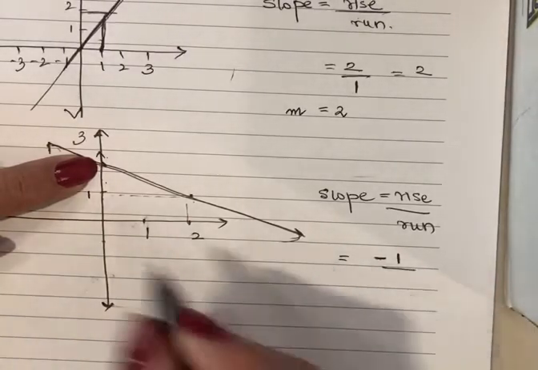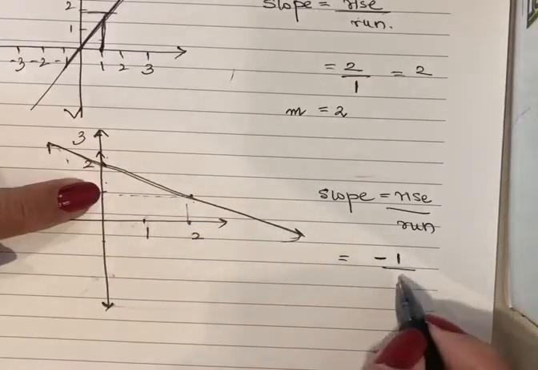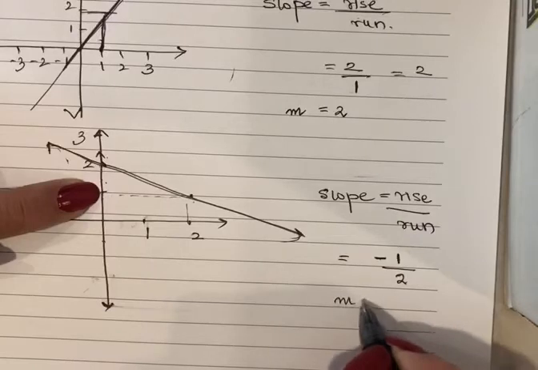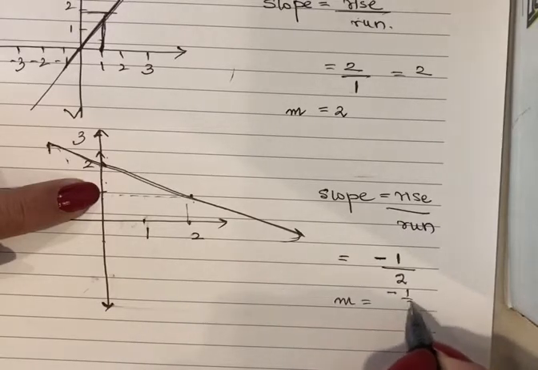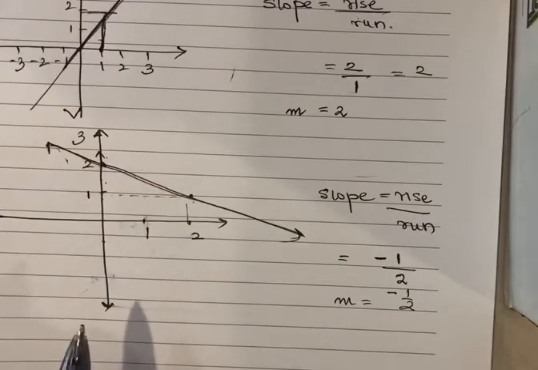And your run from this point is 1, 2, is 2. Hence your slope is negative half. Now moving on to the next problem. I'm going to get rid of this page.